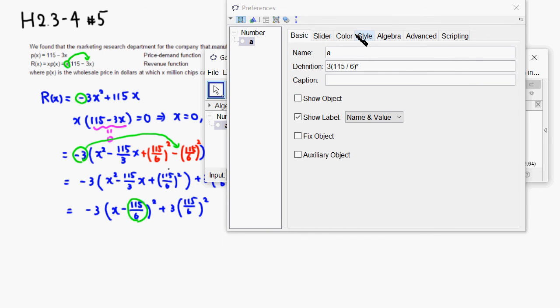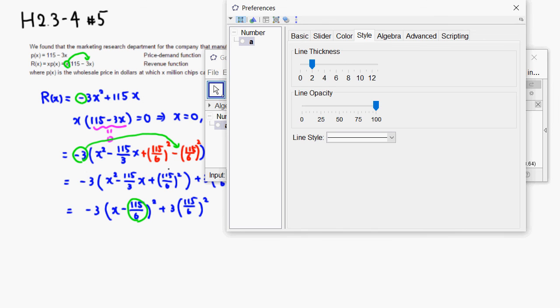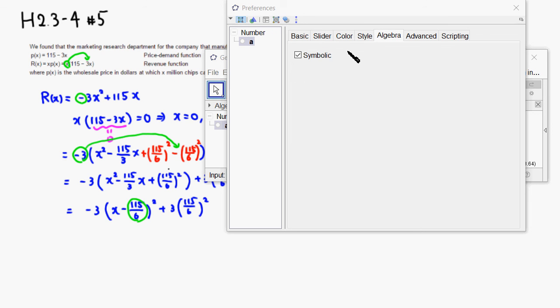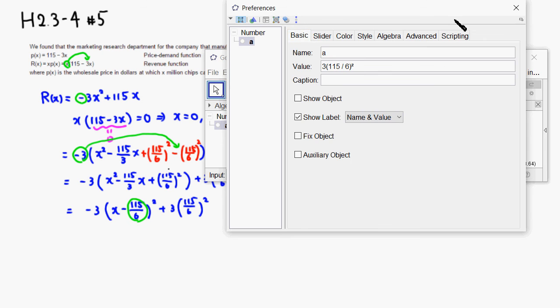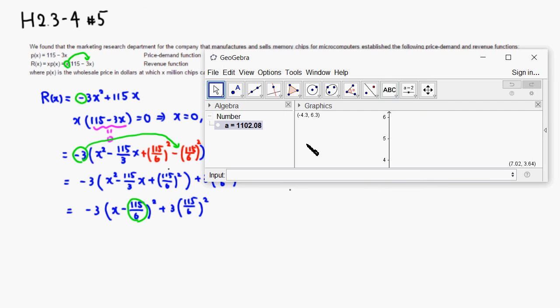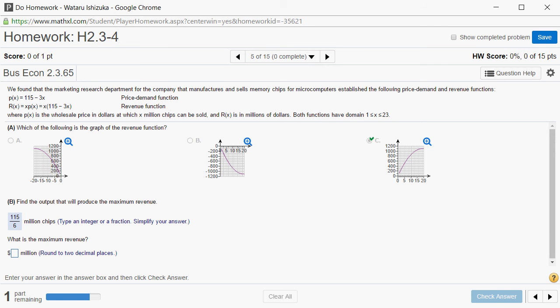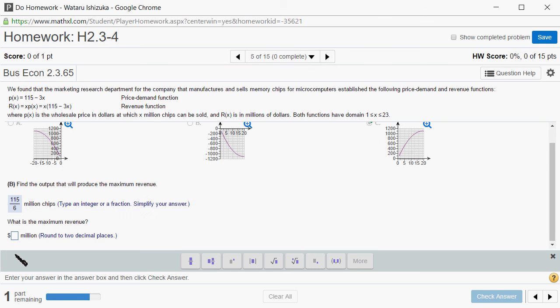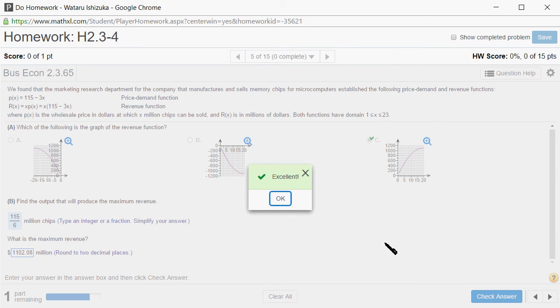The symbolic option is checked, so I'm going to uncheck that and see if it makes sense. It gives us 1102.08. So let's type it in, 1102.08, and check the answer. We got that.